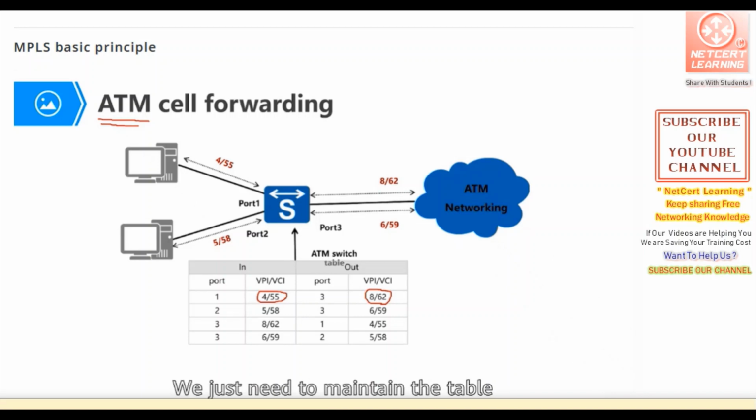We just maintain a table with labels, and the label only helps us go to the next hop. This reduces the size of the table, because the table is small and the forwarding is very simple. In this way, it helps speed up the forwarding of the data.